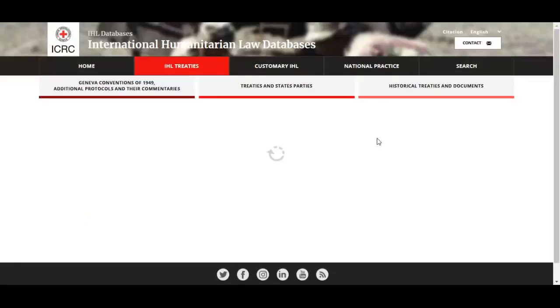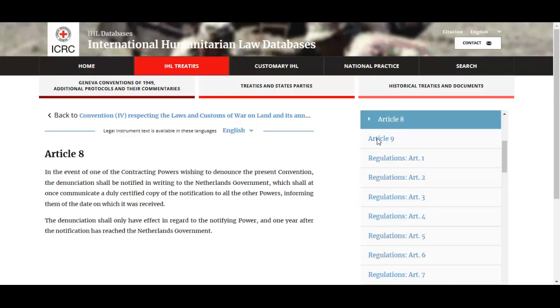In the event of one of the contracting powers wishing to denounce the present convention, the denunciation shall be notified in writing to the Netherlands government, which shall immediately communicate a duly certified copy of the notification to all the other powers, informing them of the date on which it was received.